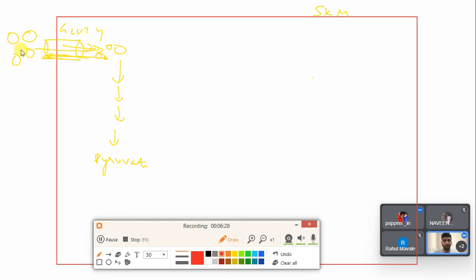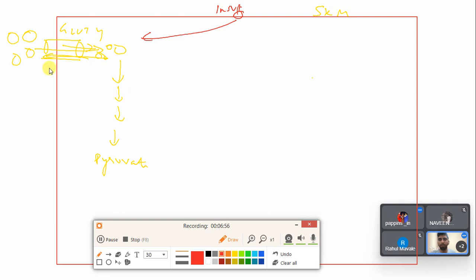Insulin helps in the intake of glucose via GLUT4. Insulin action is here, and then GLUT4 goes and binds to the membrane, and a lot of glucose comes in.